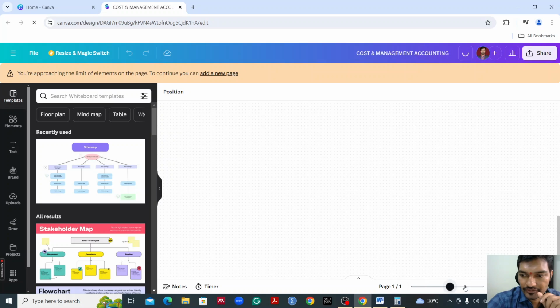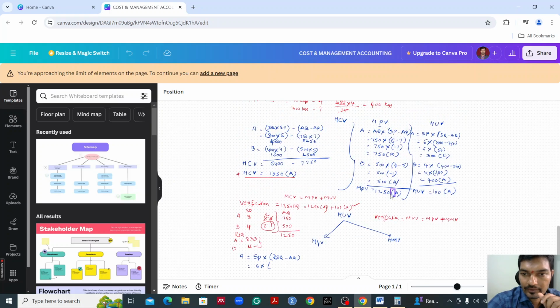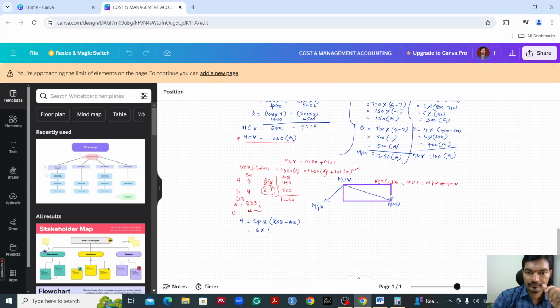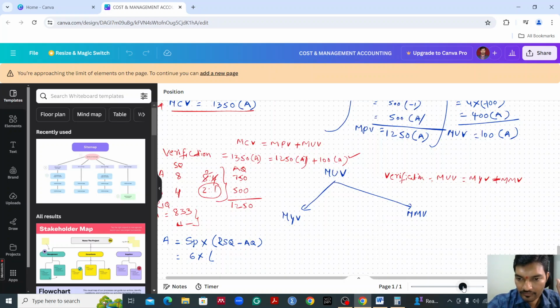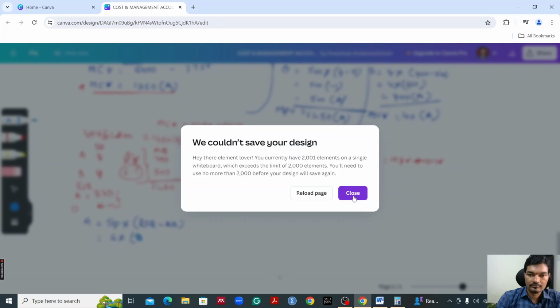Wait for a few minutes. There is a technical issue from my end. So the revised standard quantity according to the above calculation, 833.